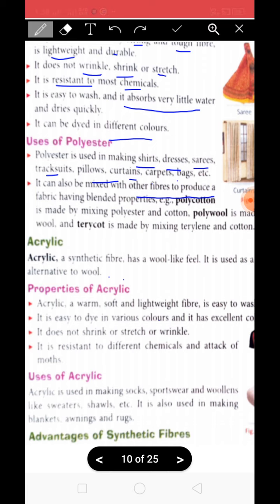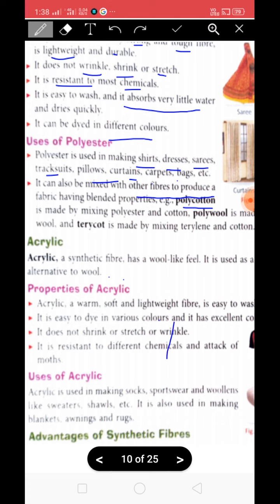For example, we have poly cotton, meaning halfway synthetic, halfway natural. By mixing polyester with cotton, we can produce poly cotton. Poly wool: when wool fiber is mixed with polyester, it produces poly wool. Terricot is also prepared by mixing terylene with cotton. Understood?